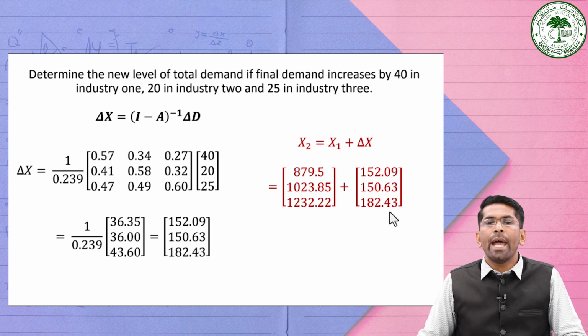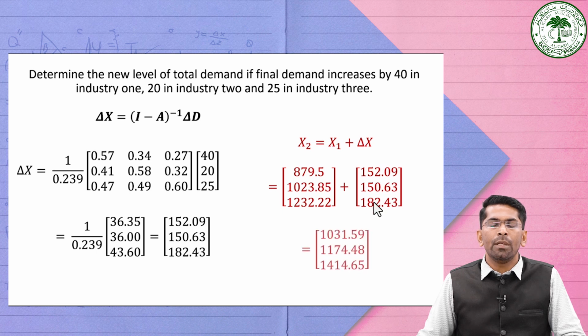Adding these: 879.5 plus 152.09 is equal to 1031.59, then 1023.85 plus 150.63 is equal to 1174.78, then 1232.22 plus 182.43 is equal to 1414.65. So this is the new output.